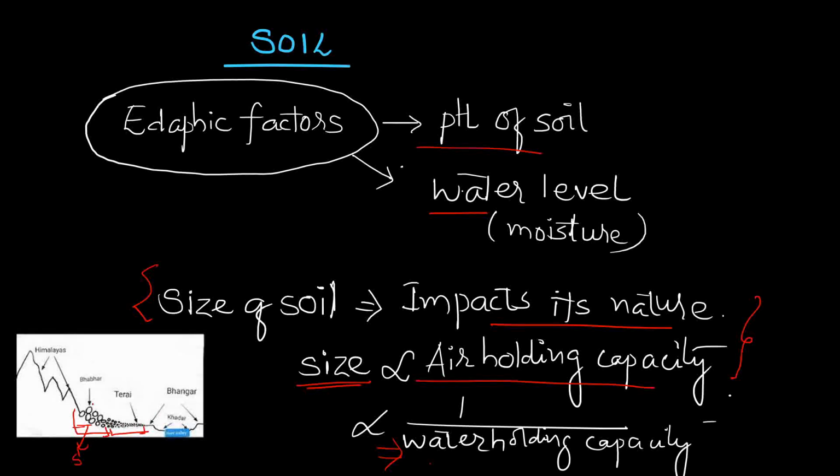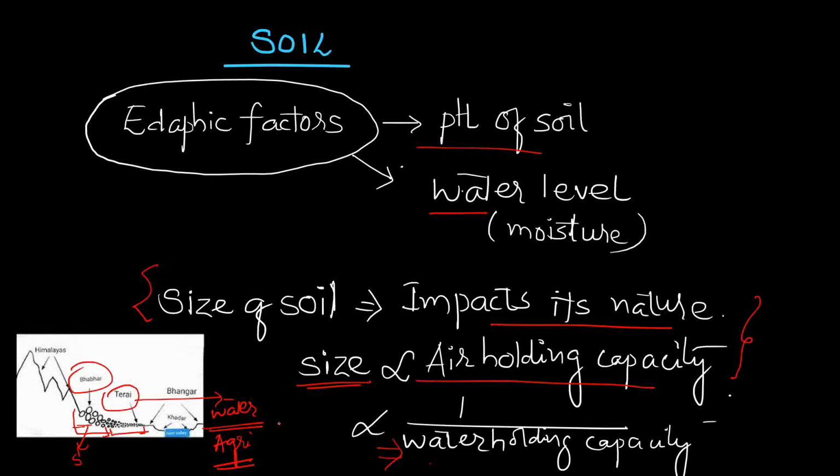So the bhabar rocks are greater in size, and that is why their water holding capacity is least, and that is why water flows under the rocks, and that area is said to be bhabar. And where there are smaller rocks, soil, smaller particles of rocks which is soil, that area is tarai. And tarai, as we all know, is a place where water is present in a decent amount, and agriculture is a prominent occupation. So because water holding capacity and size have an inversely proportional relation, that is how soil is.